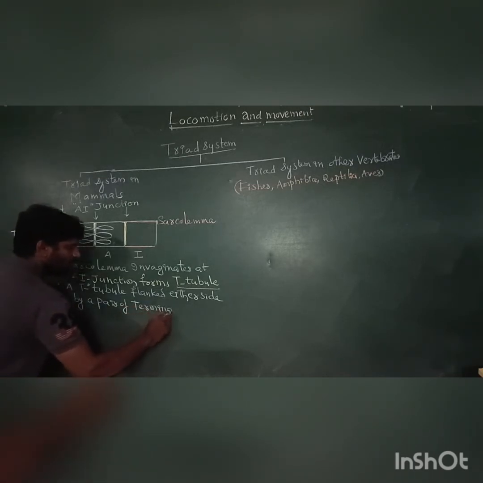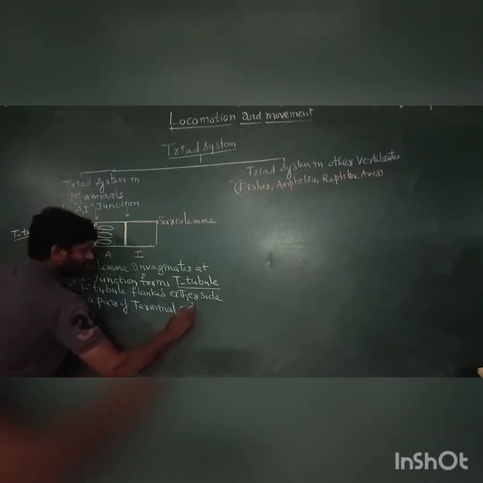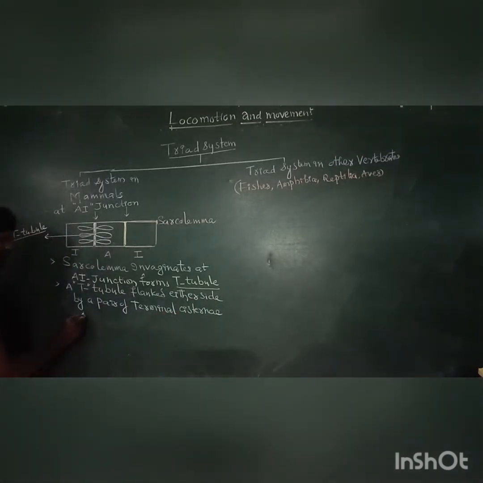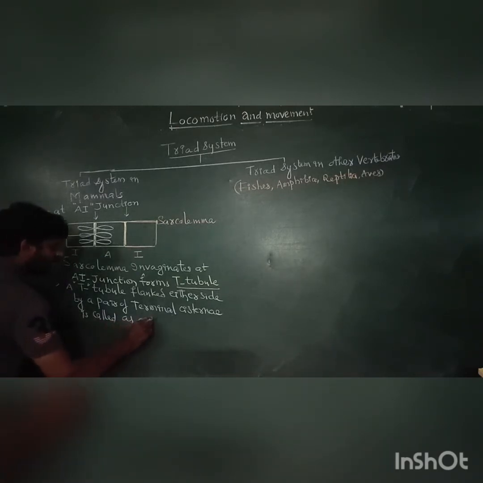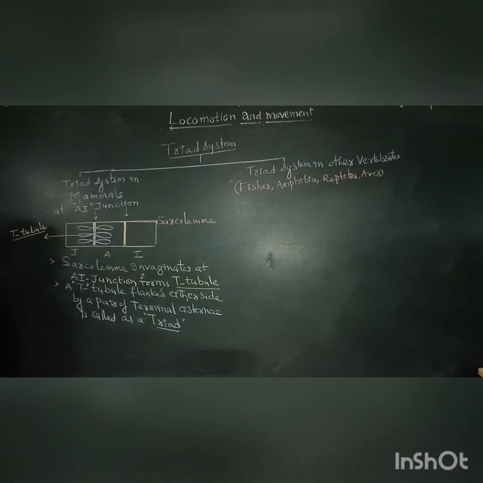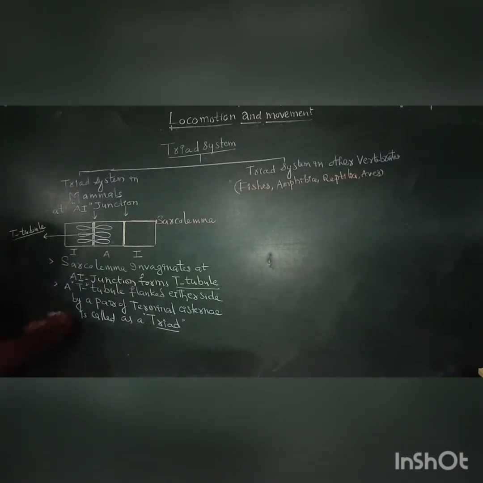Here the terminal cisterna is one terminal cisterna. In mammals the triad system is formed at the AI junction, and in the remaining vertebrates at the Z line. The purpose of this system is important when coming to the topic of muscle contraction.